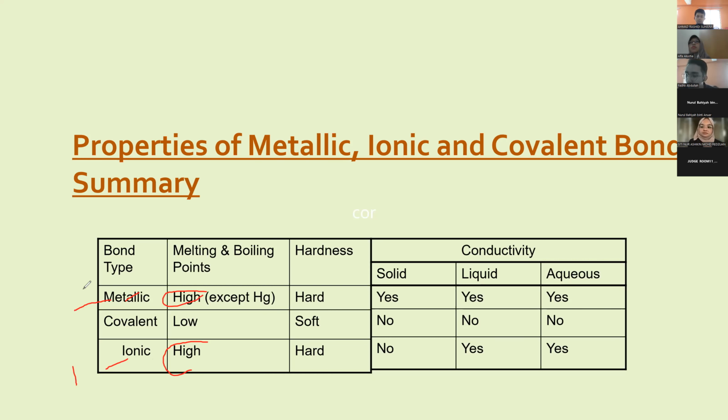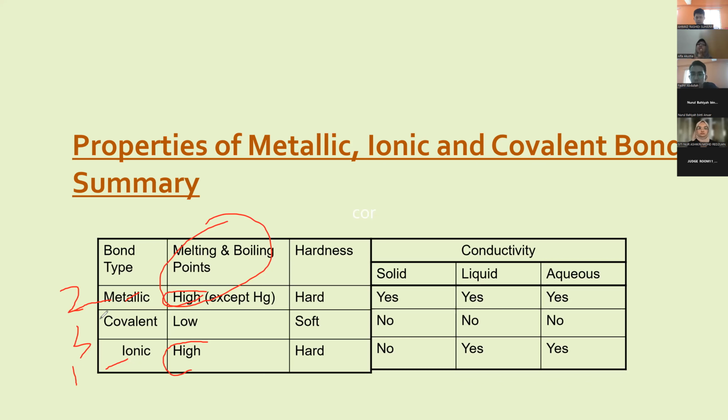Ionic is number 1, metallic is number 2, and then number 3 is covalent for boiling point. But anyway, it always depends on the elements, what the compound is, what the type of atom is. So it's just a general summary: ionic is number 1, metallic is number 2, covalent is number 3.